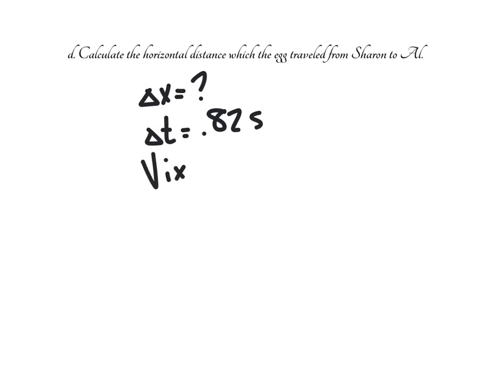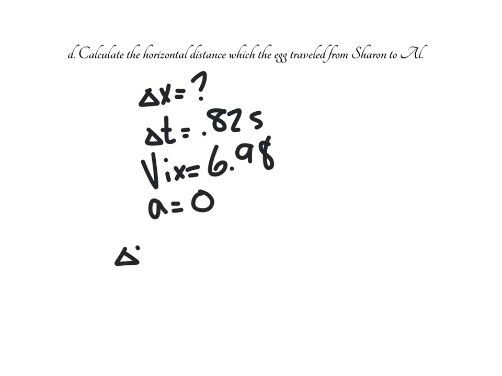Okay, to calculate the horizontal distance with which the egg traveled, that means we're looking for a change in x. If we write down everything else we know about x, well, to get the total distance, we know what the total time was. We just calculated that, 0.82 seconds. We also know that the VIX was 6.98, and we know our acceleration is 0.